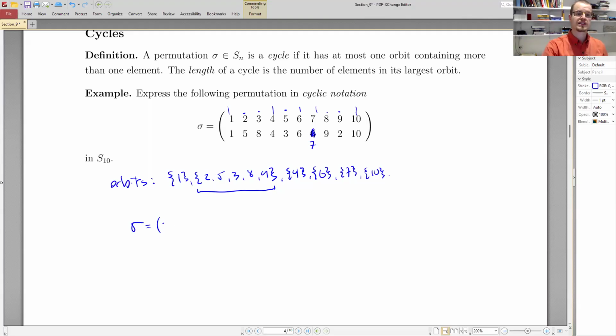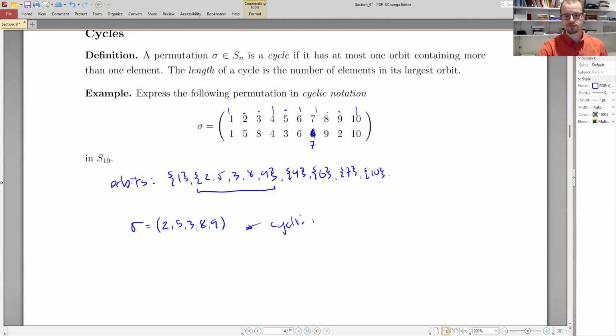I want to say sigma takes 2 to 5. Sigma takes 5 to 3. Sigma takes 3 to 8. Sigma takes 8 to 9. And sigma takes 9 back to 2, so I end the parentheses. And this is cyclic notation.